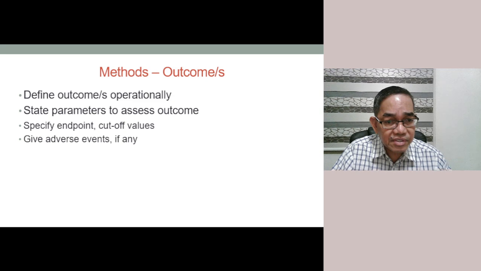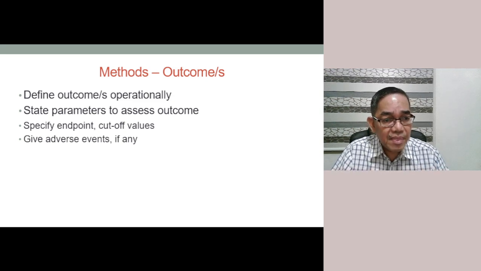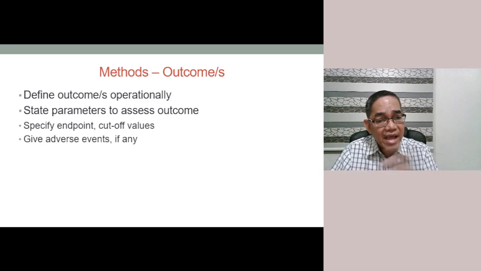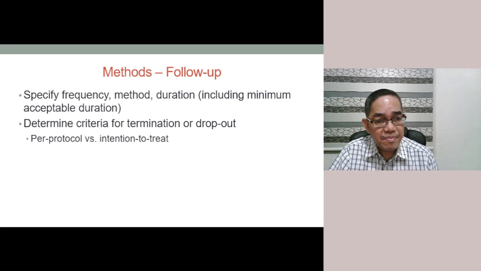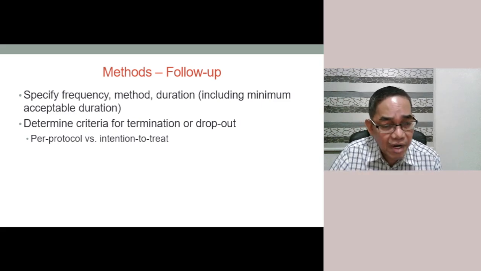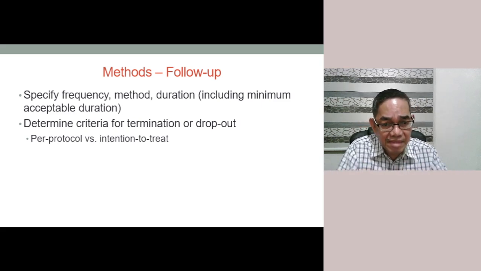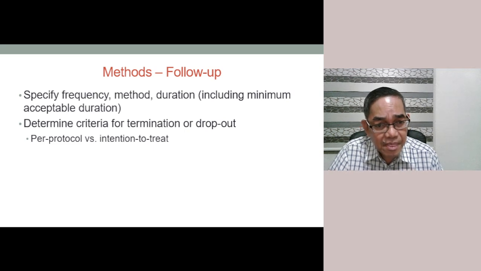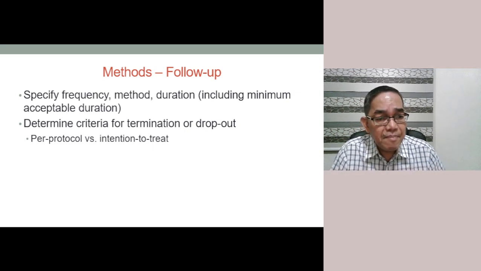State parameters to assess the outcome, specify endpoints, cutoff values if applicable, and adverse events if any. And then if there is follow-up, specify the frequency, methods, and duration, including the minimum acceptable duration and minimum number of follow-up.